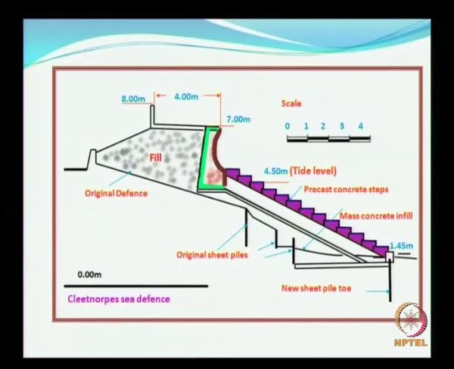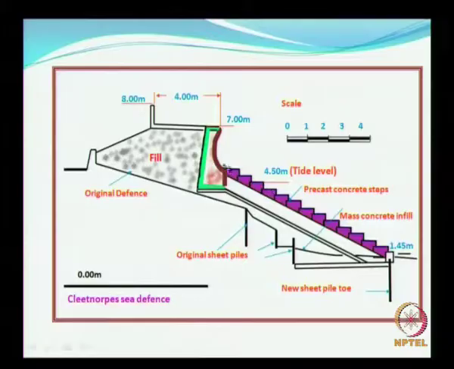So, the concept would be a concrete wall with a front surface as shown here, and you have the steps as shown here. These steps are supposed to gradually dissipate the energy.